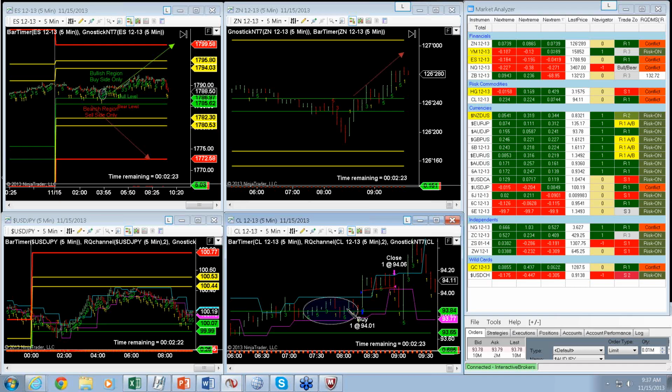So you can say to yourself, I'll take the 5 with the risk-reward ratio, or you can say, no, I want to see more evidence. And I have an RQ channel breakout right above here.